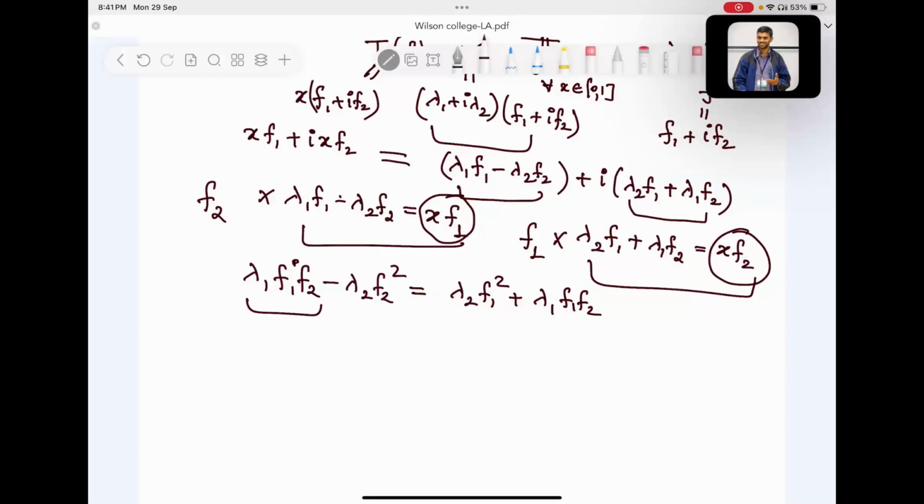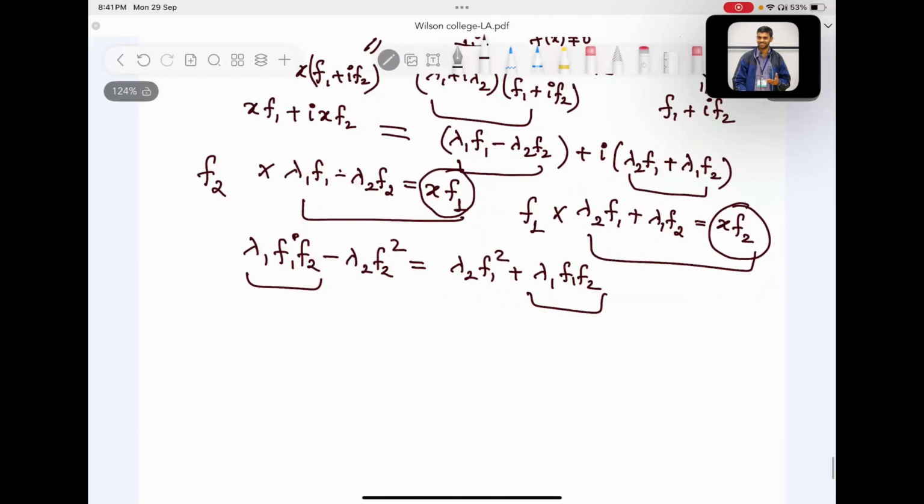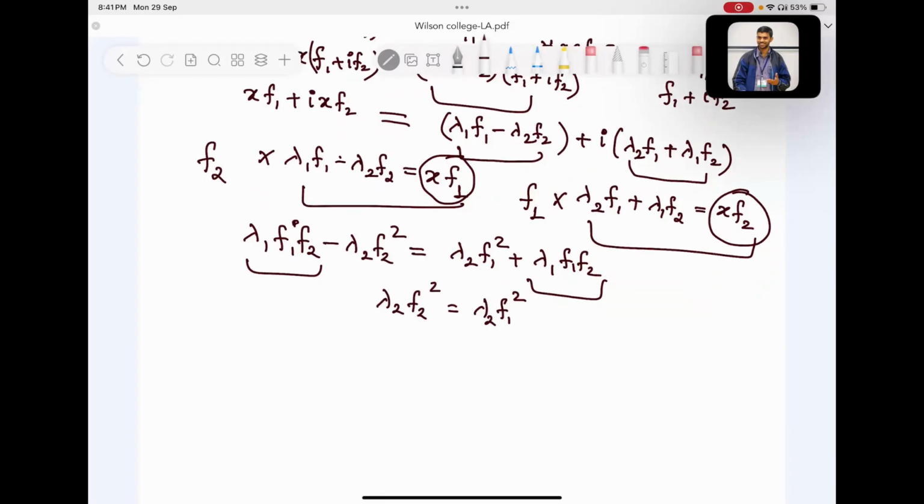Now what can you say about this part and this part? They are the same. So minus lambda 2 f2 square is equal to lambda 2 f1 square. Now what will happen? Lambda 2 times (f1 square plus f2 square) is equal to 0.